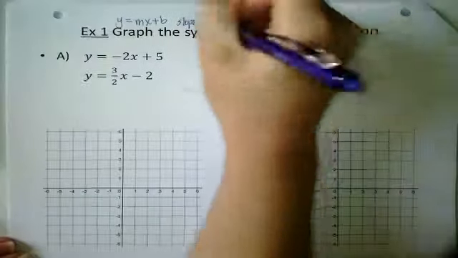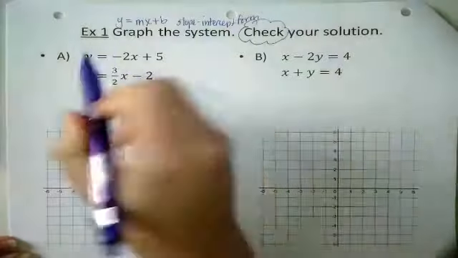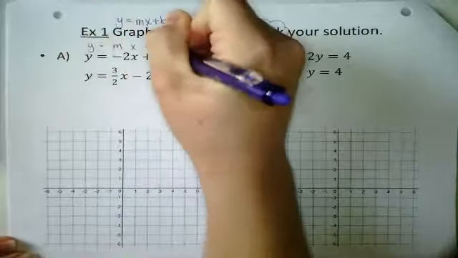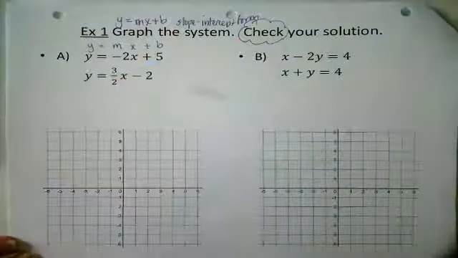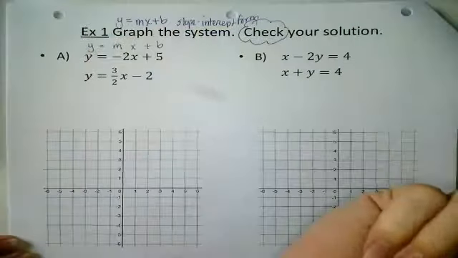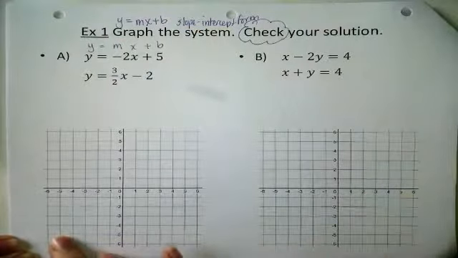If we're in slope-intercept form, then graphing is going to be super easy. You can see here, this is y equals mx plus b. So this is in a great form. The y is already by itself, and I'm going to go ahead and graph it. You're going to see a really nice graph just like this on IXL.